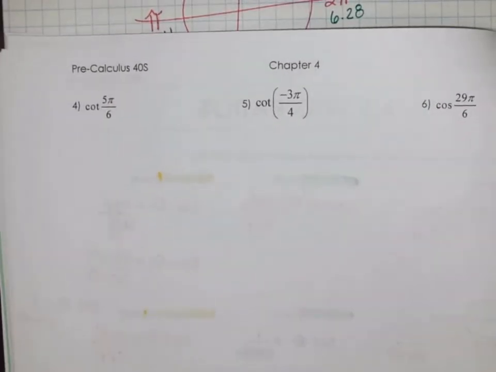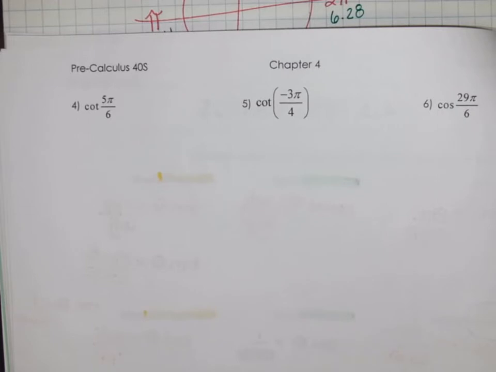Okay. Cotan. So remember that tangent isn't a coordinate on the unit circle. You actually have to figure it out. Okay. All right. So what quadrant are we in?